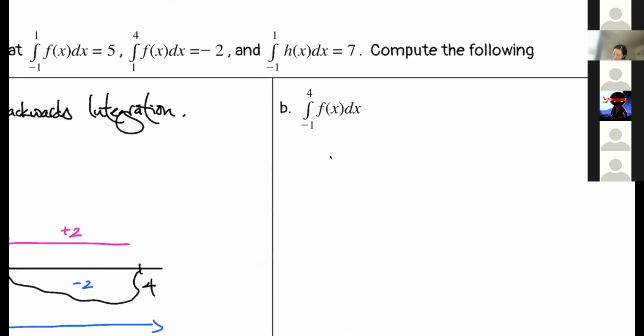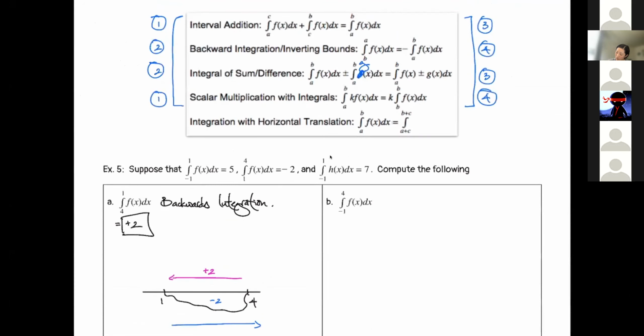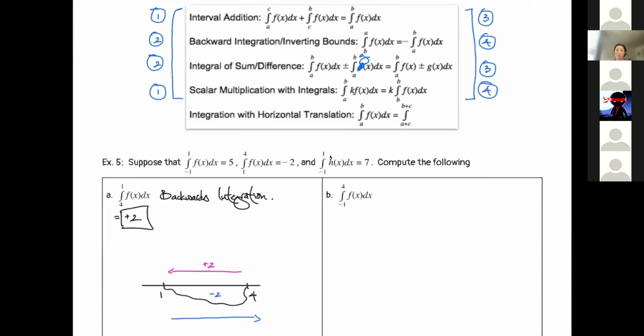All right, so what about part B? What property do you think would apply for part B, given the information that we have? All right, we have 1 vote for interval addition.